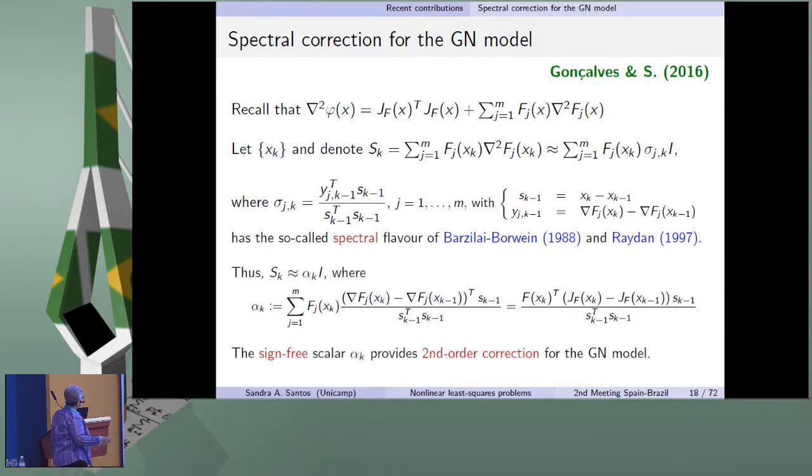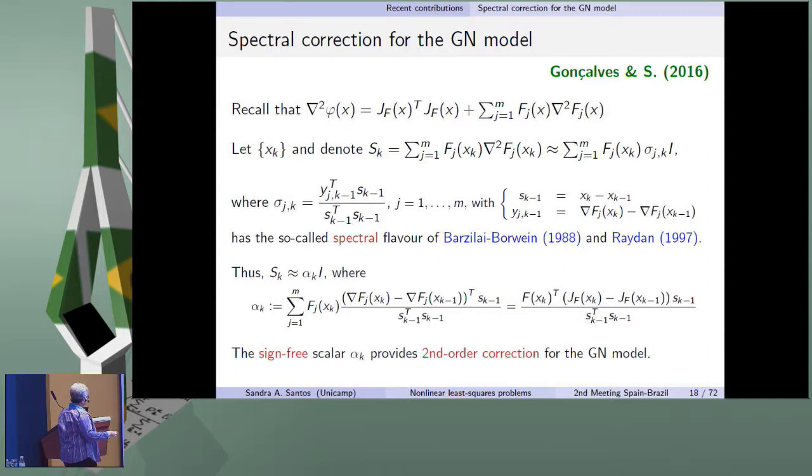And in this work, we have approximated our second-order derivatives by scalar matrices concerning each of the residual functions. And this scalar has the spectral philosophy of Barzilai and Borwein, in which these vectors s and y are defined in this way.